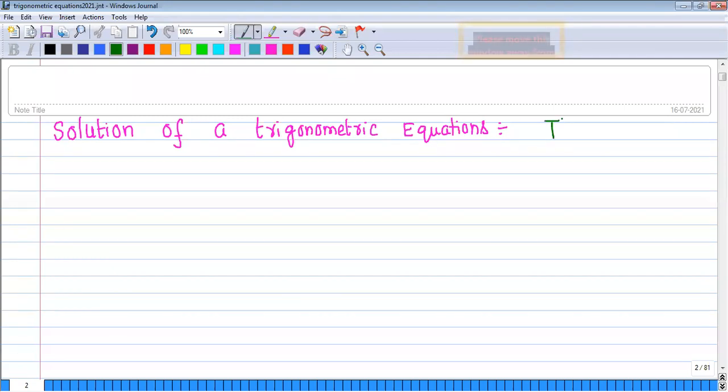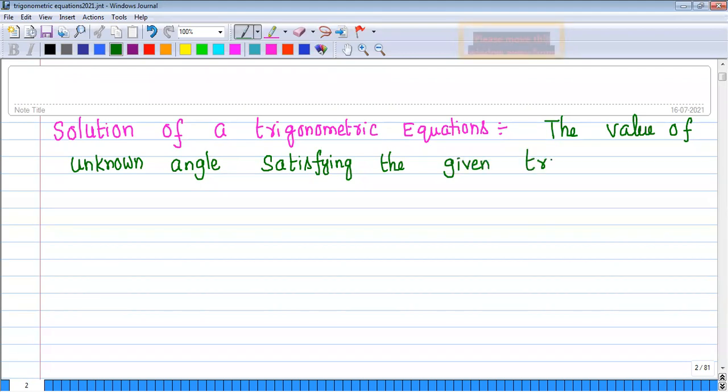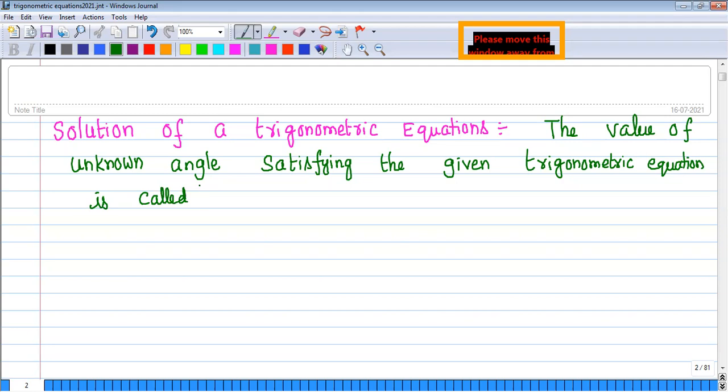Solution means the value of unknown angle satisfying the given trigonometric equation is called the solution of the equation. Equation means here that is trigonometric equation.